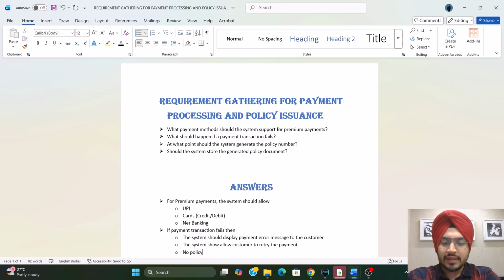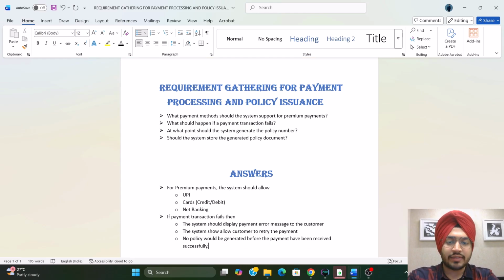No policy would be generated before the payment has been received successfully. These are the actions that would be performed if the payment transaction fails.